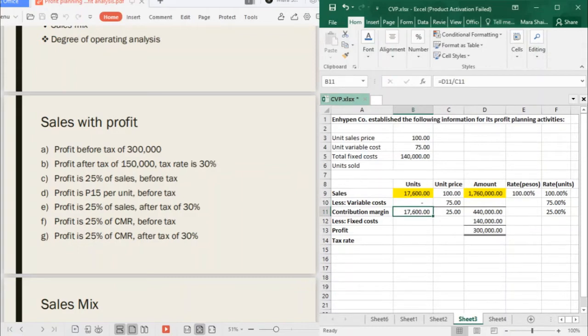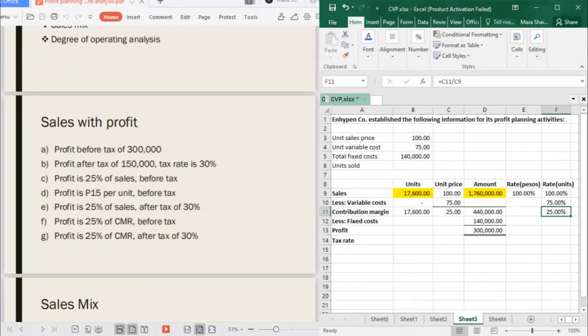So, you should be smart about what is being asked. Because if what is being asked is sales in peso, given that what you have are unit prices, it is easier to use the rate. If the required answer is in peso, it is easier to go through the rate. So, you just compute the rate, which in this case is 25 divided by 100, so you get the rate.